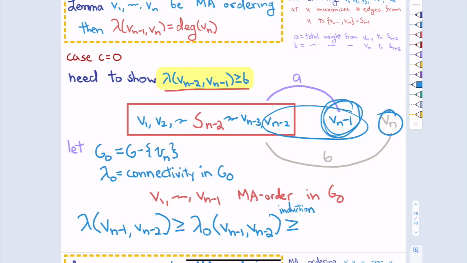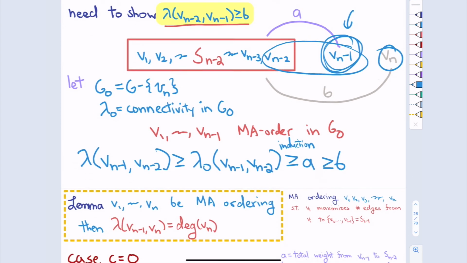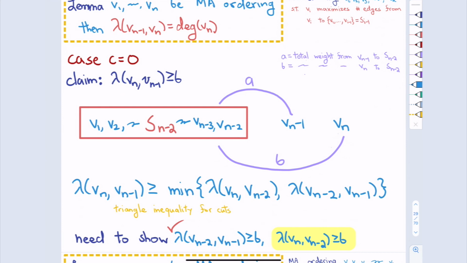Okay? So this is A. And now, because in my original ordering, Vn minus 1 was chosen before Vn, A was at least B. So that's one side of our triangle inequality. Okay, so we checked off this one. Now we will do that one.